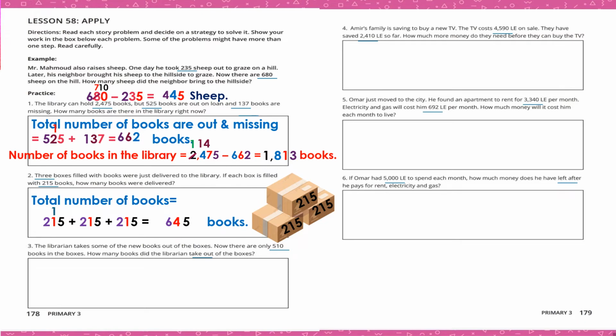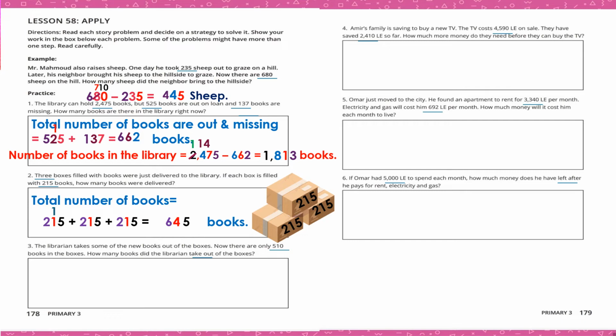In number 2, we get the total number of books equals 645, and the librarian take out or take away some of books, and the remainder of books in the boxes 510. How many books did the librarian take out of the boxes?